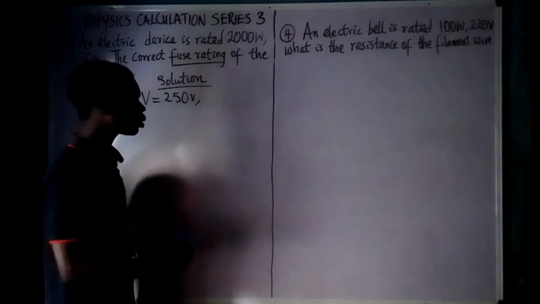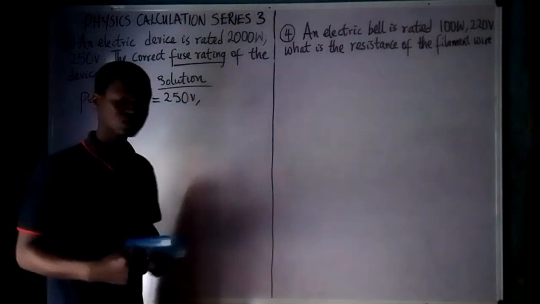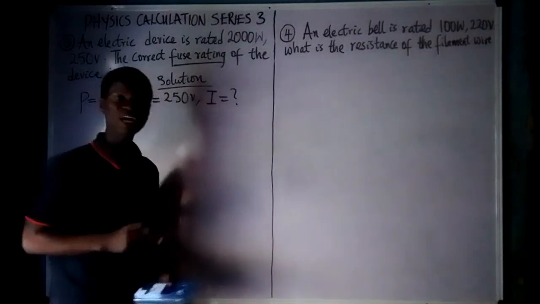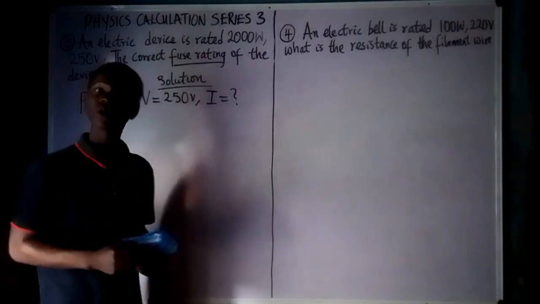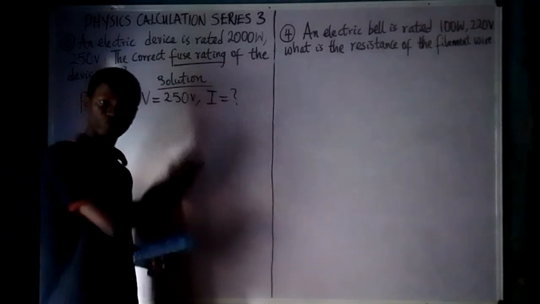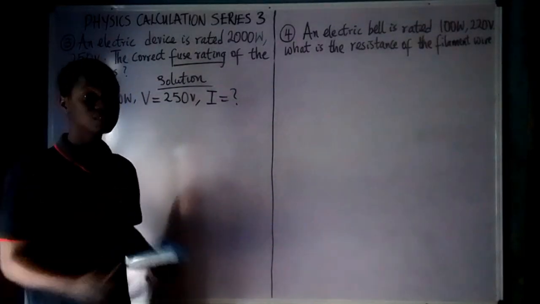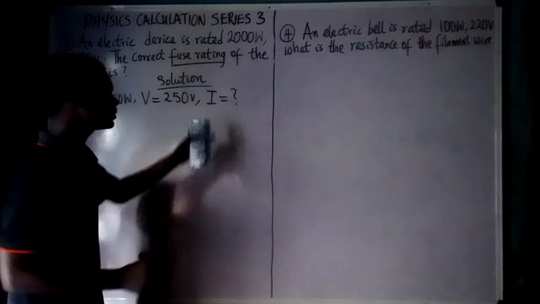So that's why it's called the fuse rating. So instead of spelling it out as fuse rating, I will simply write I is unknown, where I stands for the current. And the current is what will tell us what the fuse rating will be. Either way, whether they call it fuse rating or current rating, it is the same thing they are referring to. That is the line I'm trying to draw here. So in this case, our current is unknown.